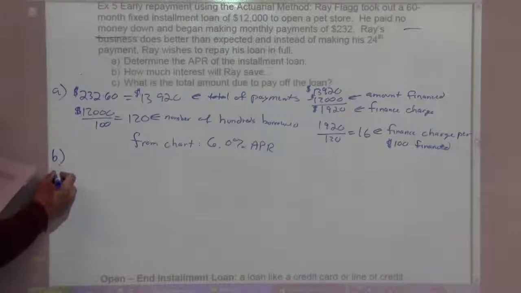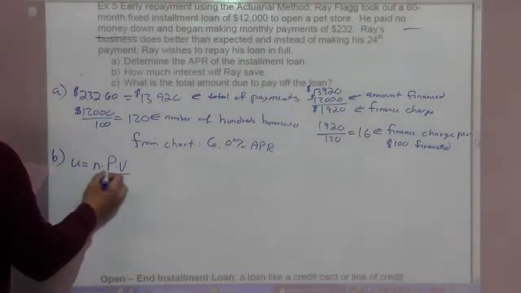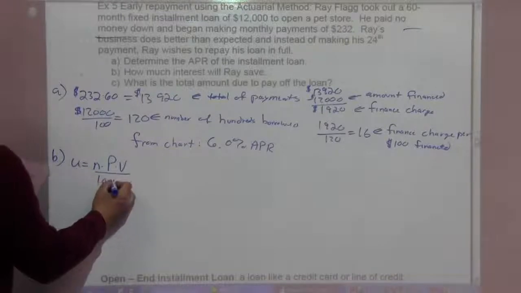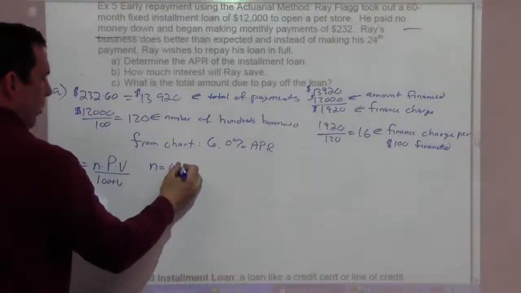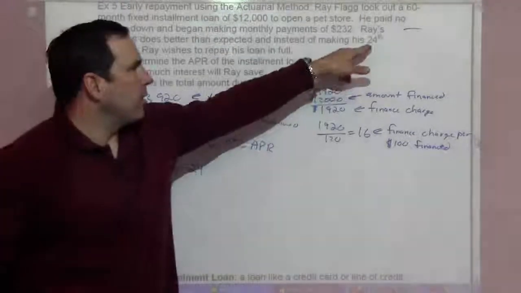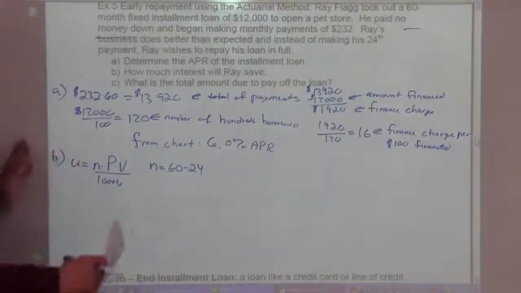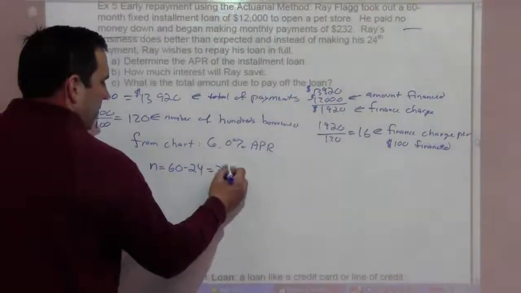So part B says our U equals N times P times V over 100 plus V. Our N is going to be 60 months total minus the 24, because you also subtract the current payment he's going to make. So it's how many payments he's got left to make, not counting the current one. That's 36 payments.